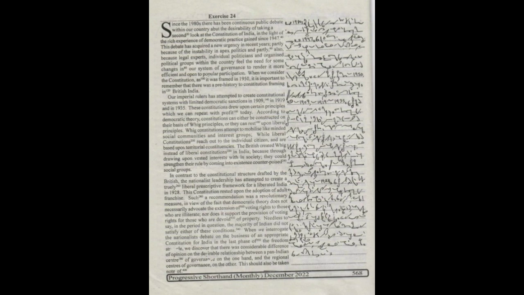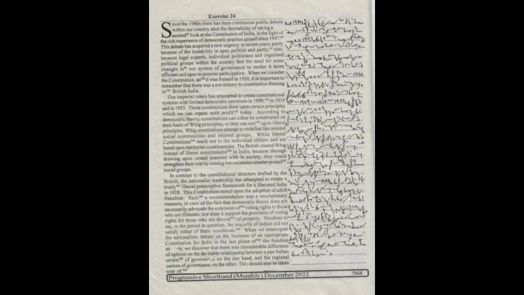This debate has acquired a new urgency in recent years, partly because of the instability in apex politics and partly also because legal experts, individual politicians, and organized political groups within the country feel the need for some changes in our system of governance to render it more efficient and open to popular participation.